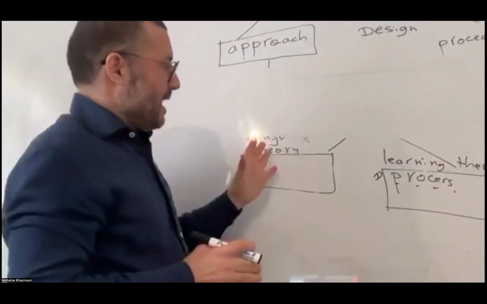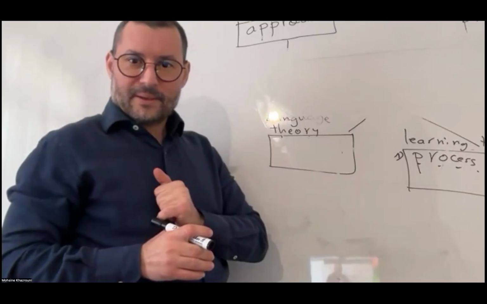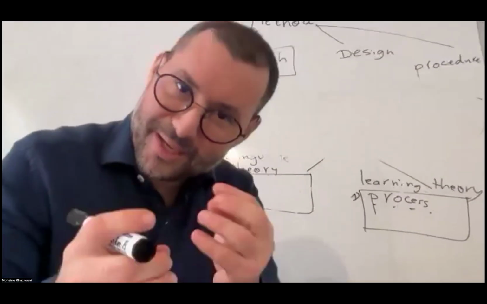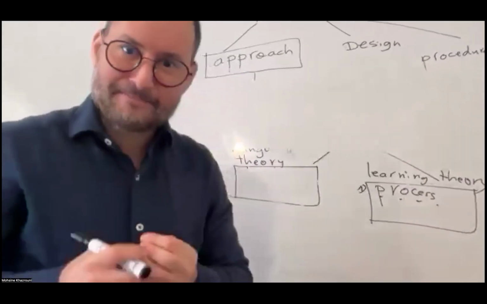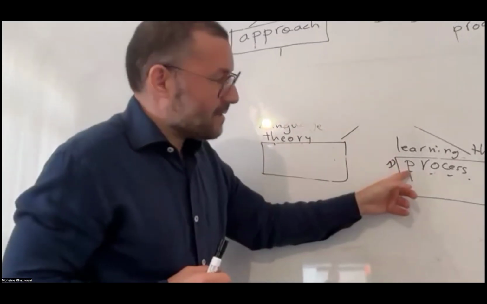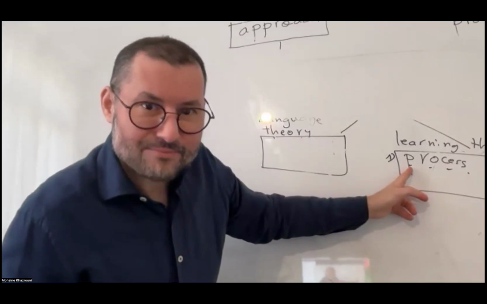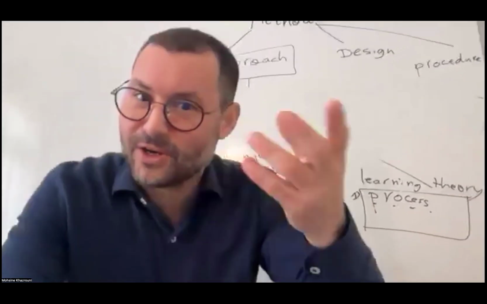Okay, now, what about learning theory? What's psychological? In other words, to make it simple for your friends, I wrote for you here this word. Can you read it? Process. What is the process? Process of learning.